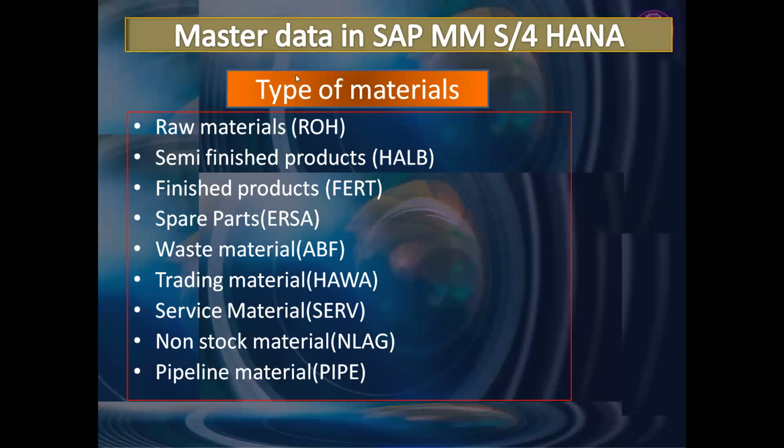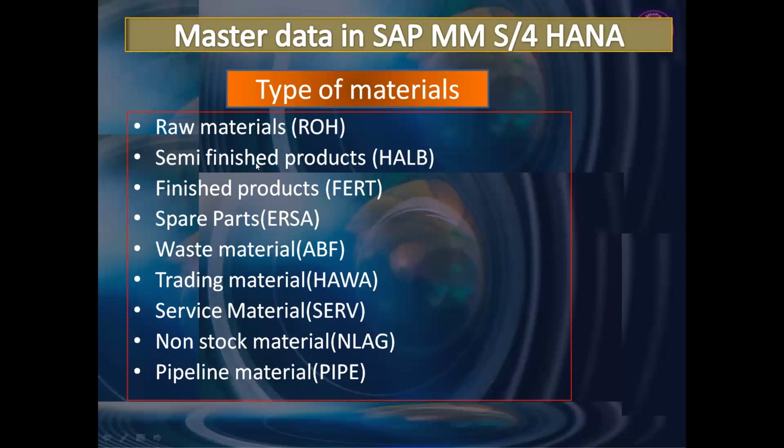Now, what are all these? What is raw material? Raw material means any material which you want to use to complete your product. For example, you want to manufacture a tire, which is used everywhere: in bikes, cars, aeroplanes, trucks.